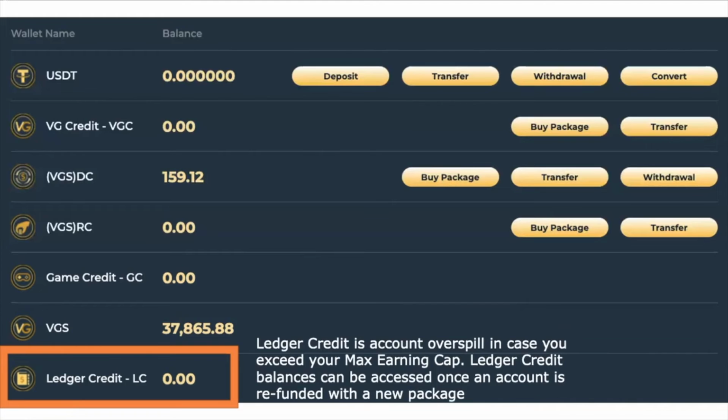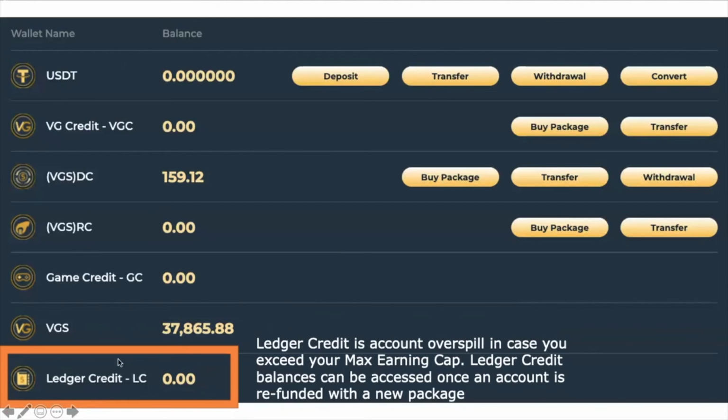So they have a few days to activate the account again to access that ledger credit balance. Because what happens is when you hit your cap, you're exited from the system unless you choose to fund with a new package. So the company gives you a chance to still claim those extra balances, provided you refund the account within 3 to 5 days of the account exiting the system.